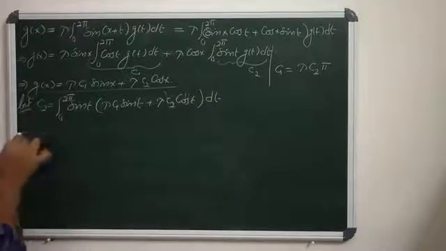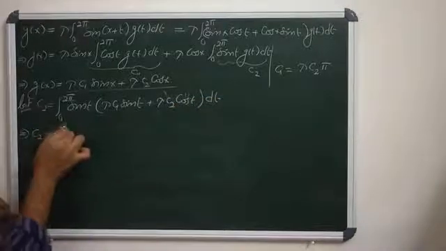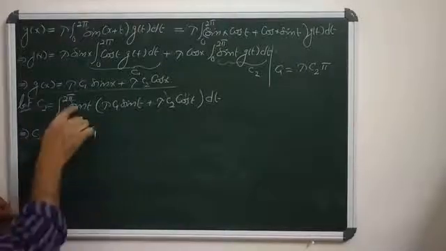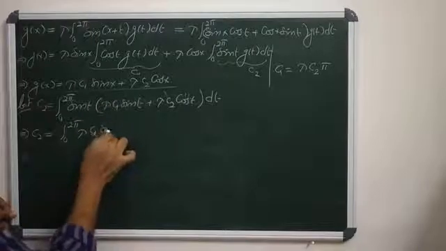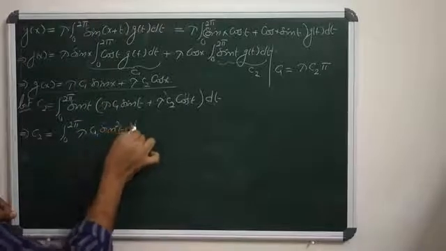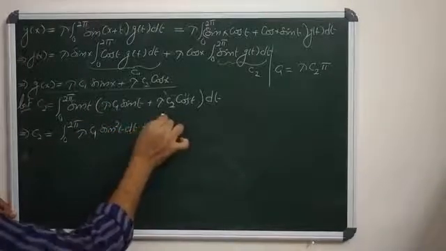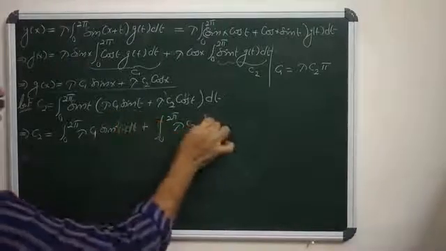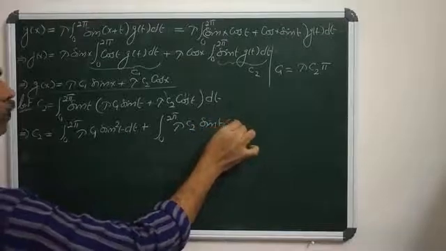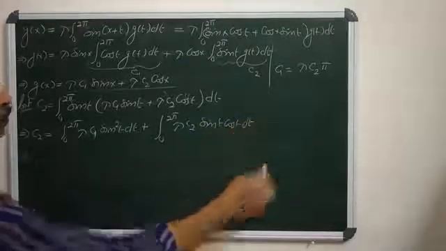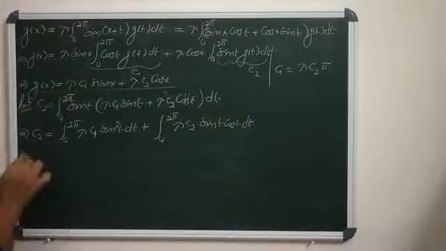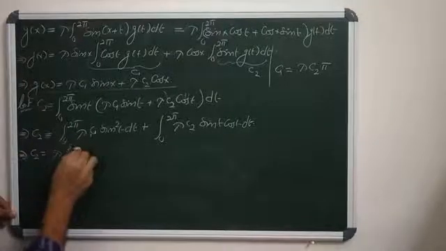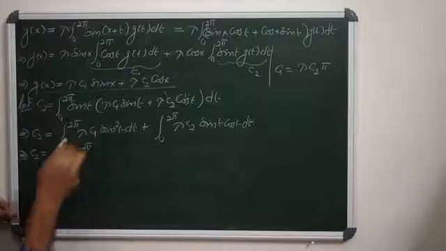Agreed? That means C2 equals integral 0 to 2 pi lambda C1 sin t into sin t, sin square t dt, plus integral 0 to 2 pi lambda C2 sin t cos t dt. Okay, so that means C2 equals, lambda is commonly taken outside, so integral 0 to 2 pi sin square t.